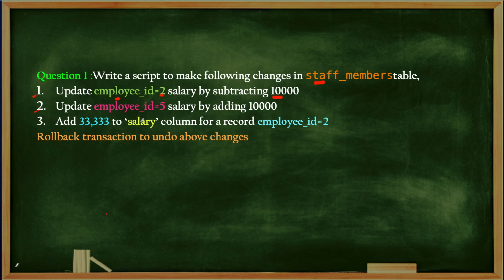The second statement is adding 10,000 to the salary whose employee ID is 5. And number 3, we are going to add 33,333 to the record whose employee ID is 2. And at the end, we're going to roll back all the transactions to undo the above changes.